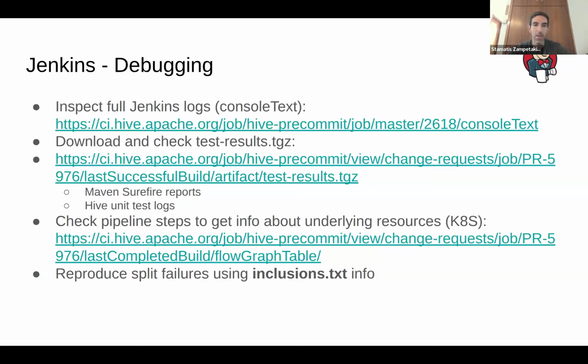You can run the same sequence of tests by using this inclusion txt file. Basically, you can see all the tests that were run, and then it becomes easy to isolate the problem. You run it once, you see that it fails, and then you can quickly remove parts of the test that were not relevant, and come down to the bare minimum.